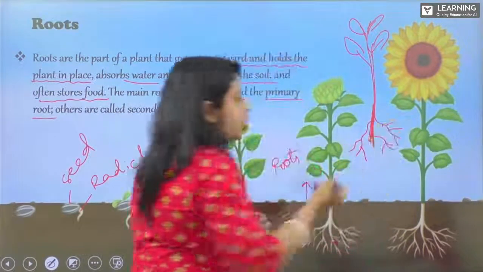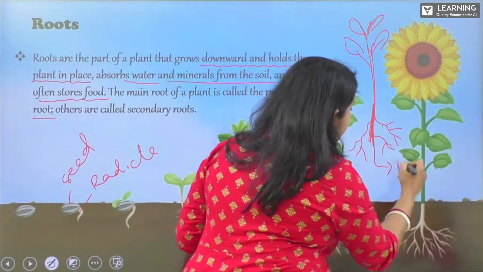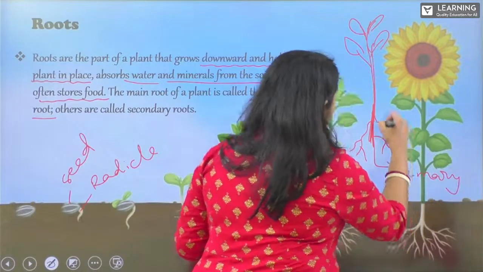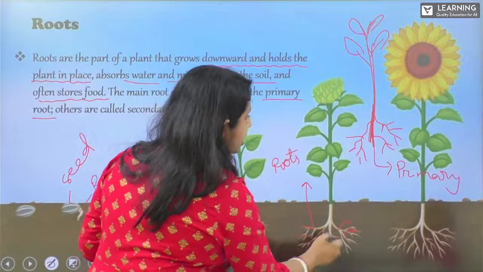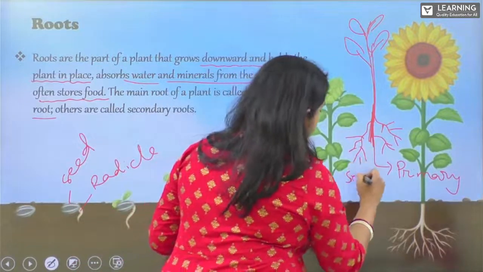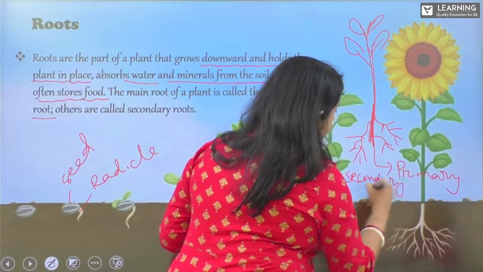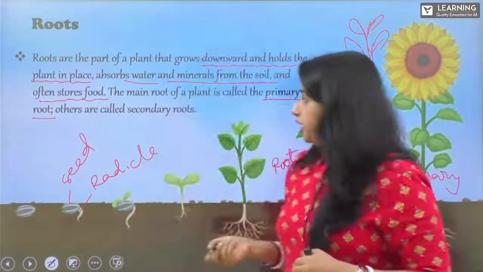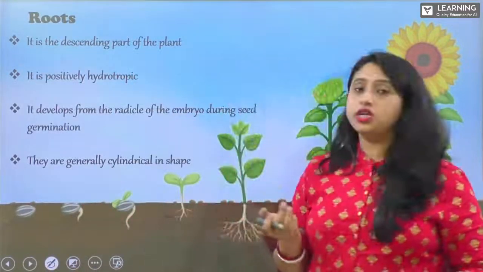These are your secondary roots. So this root is the primary root, and all the roots which you can see here are your secondary roots. Clear? Okay, so the others are called secondary roots.